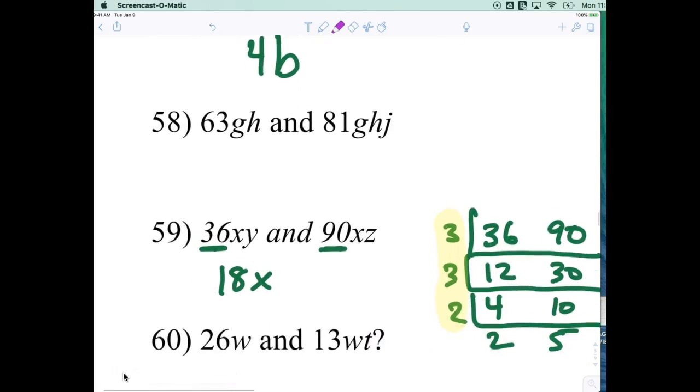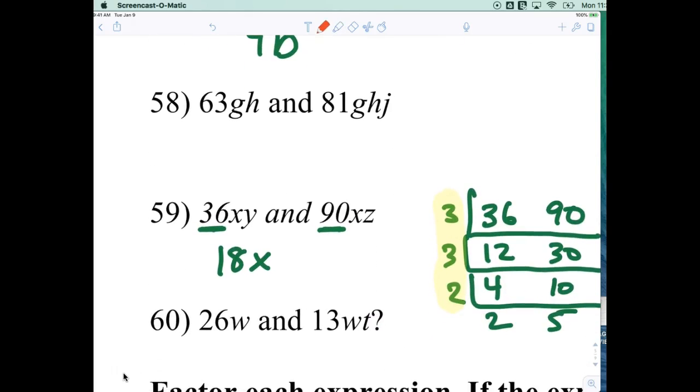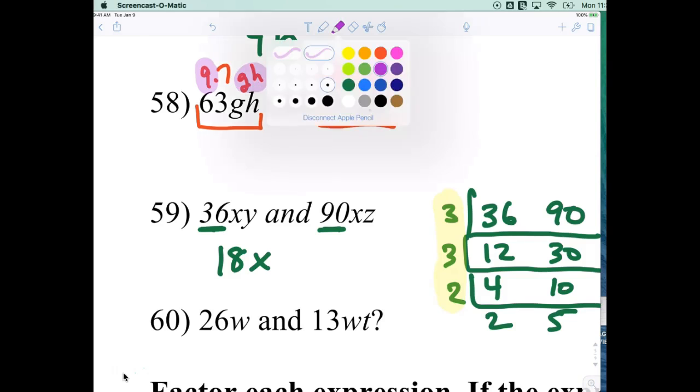All right, let's check out 58. Now be careful. What's in each bucket? What number is in each bucket? So far, a 9, right? And a g. Now, look here. This is 9 times 7gh, and this would be 9 times 9ghj. So what is common? 9, I like what you said, and also g, very good.